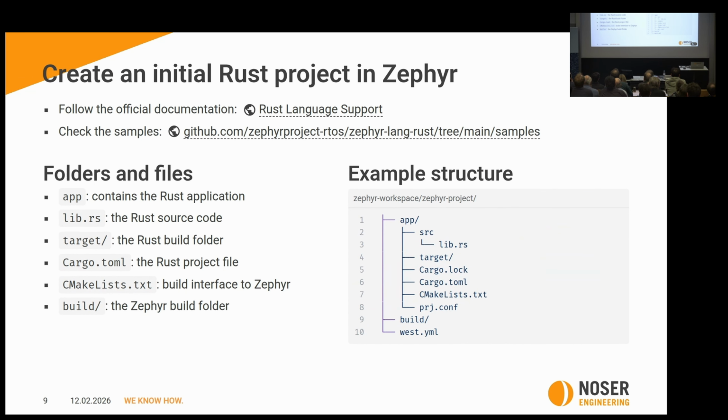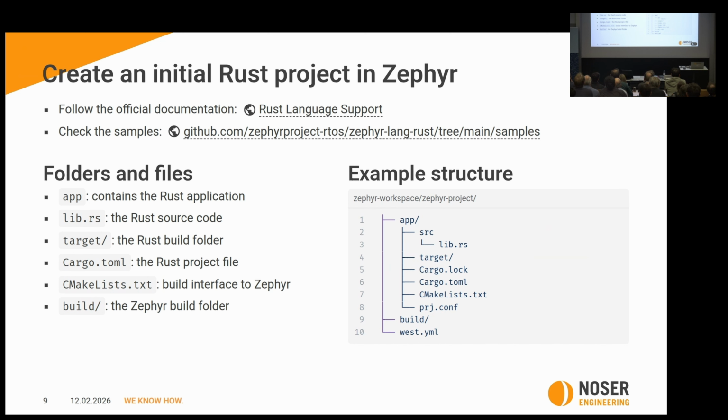Now, to get started, we need, of course, a project. So we set up a simple example. We can either follow the documentation, or there's also some examples on the Zephyr Lang Rust GitHub repository we can start with. You will have a similar setup like shown here, very trivial.